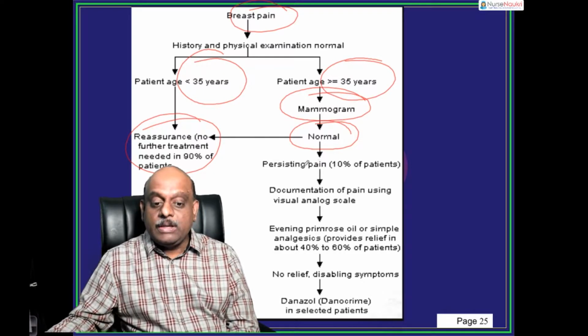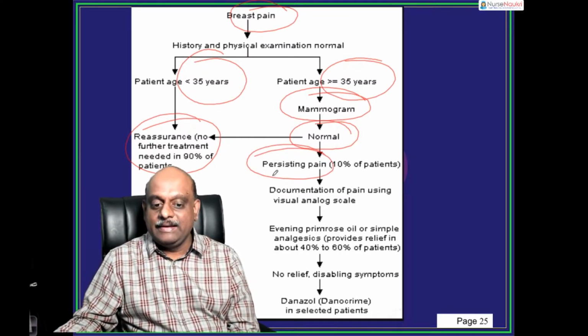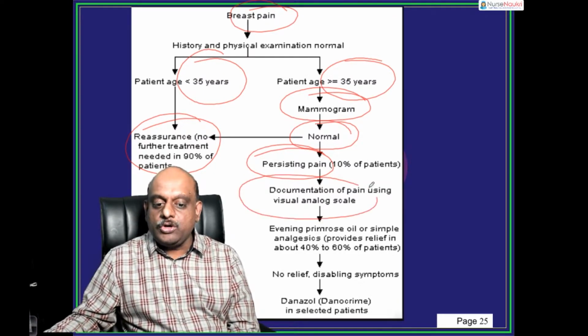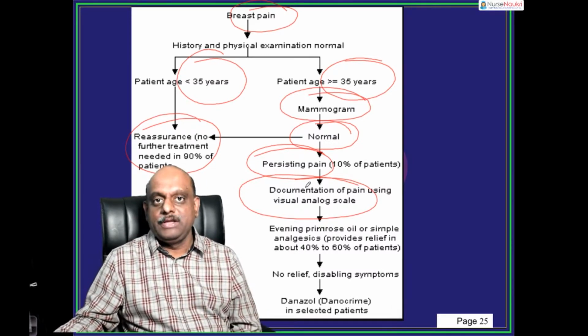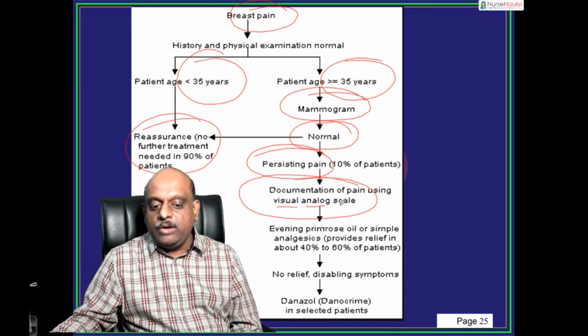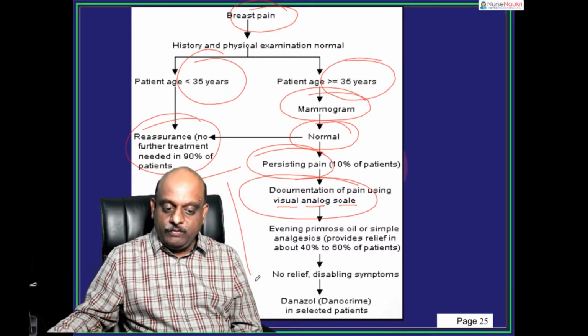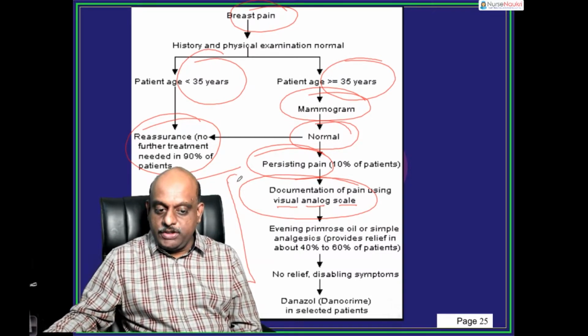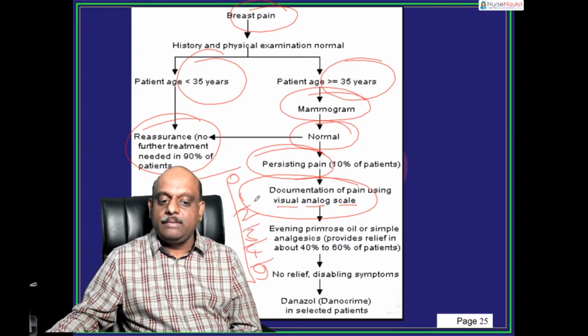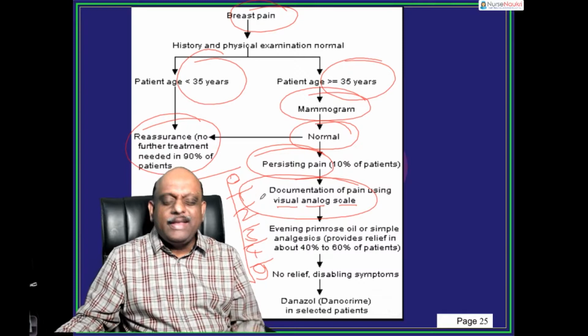Now, suppose if the pain is persisting, then you need to document how severe is the pain. There is something called visual analog scale. Matlab, you will take 0, 1, 2, 3, 4, up to 9. You will ask, kitna pain hai?